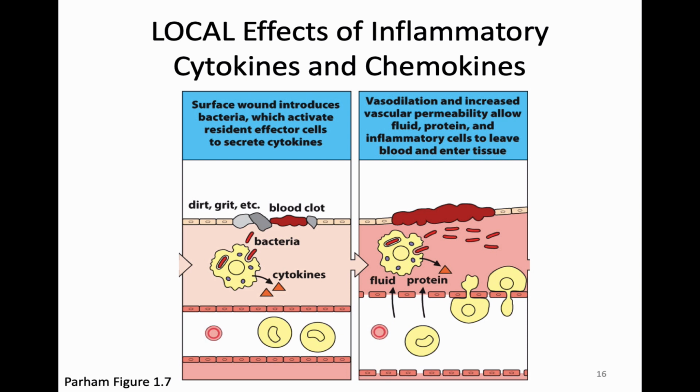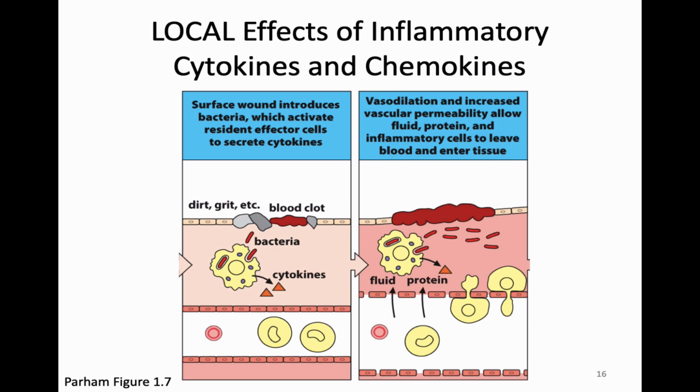Finally, those chemokines will also attract other cells to come into this site of infection, as you see happening in this process. All three of these events are really important in resulting in the hallmarks of immunity that we mentioned.